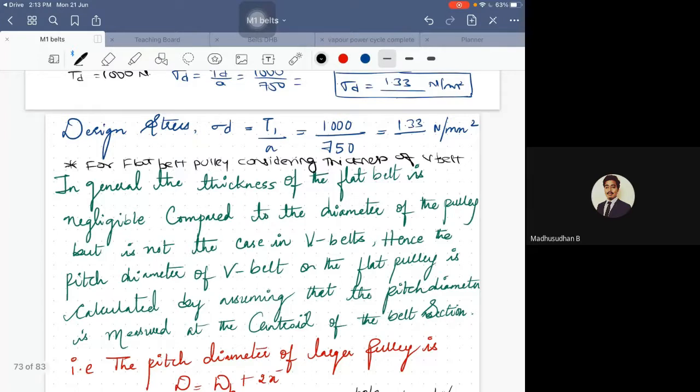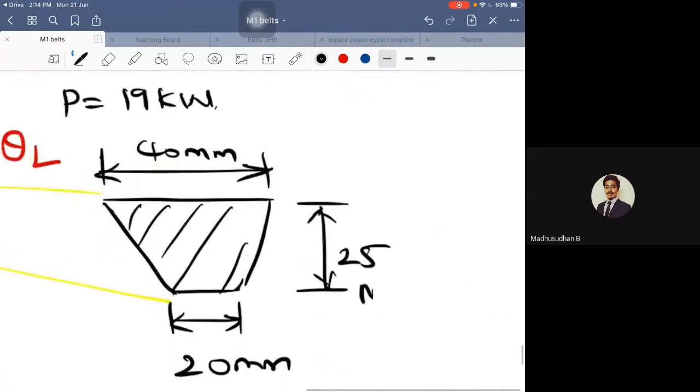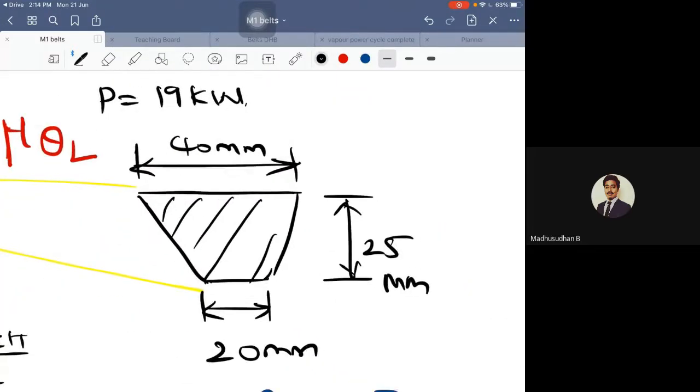Now, this is a trapezoidal section, isn't it? If I just zoom in here, this is a trapezoid section. I want to calculate the centroid. Anyone knows the formula for this? How do I calculate the centroid?